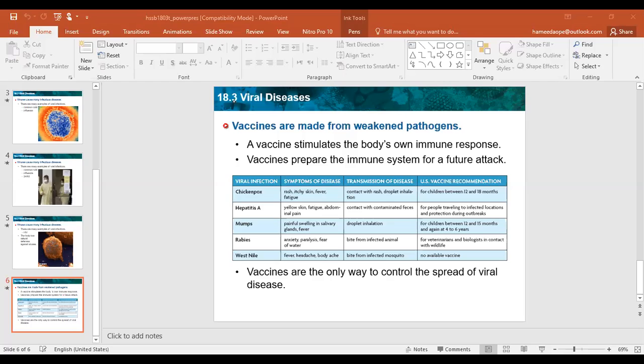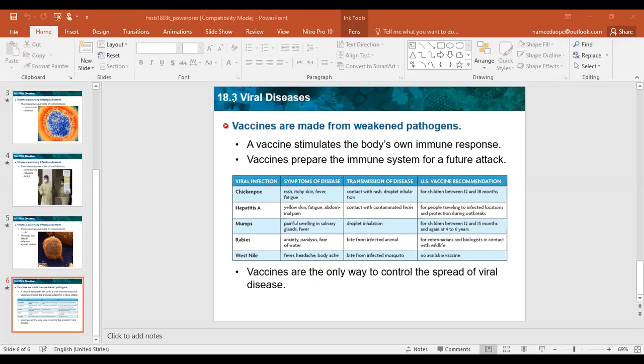So AIDS is actually caused because the white blood cell quantity or quality is very low. So the person is prone or exposed to a lot of diseases or infections. Is that understood? Yes. So once a person's immune system is affected, he or she may be unable to fight off even the common microorganisms that humans encounter every day.